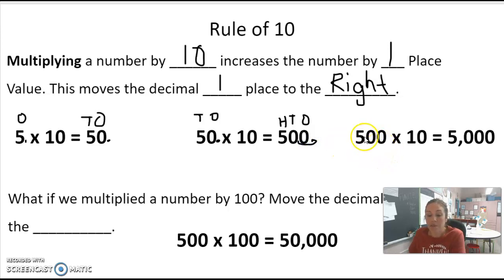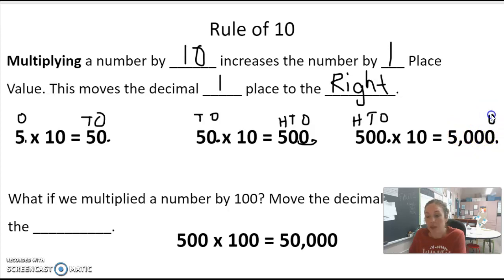Let's try one more time. 500 times 10. Well, right now my 5 is in the hundreds. I have 0 tens and 0 ones. Here's my decimal, because we always know that the decimal is just on the other side of the ones. After I multiplied by 10, here's my decimal. Let's put up our place value chart.